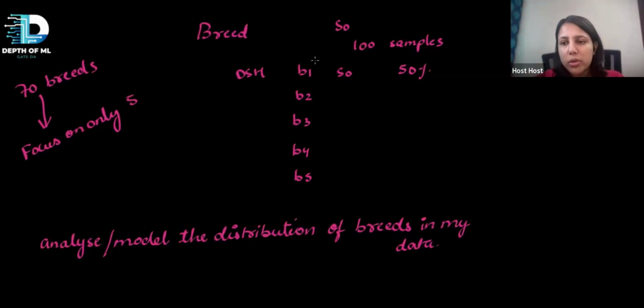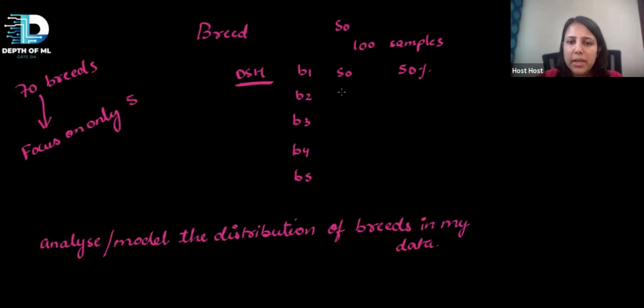I actually want to go there, but all I can do is estimate things from whatever data I have. For example, if in my data I have 50 samples of domestic short hair, I will say that 50% of cat breeds is domestic short hair.